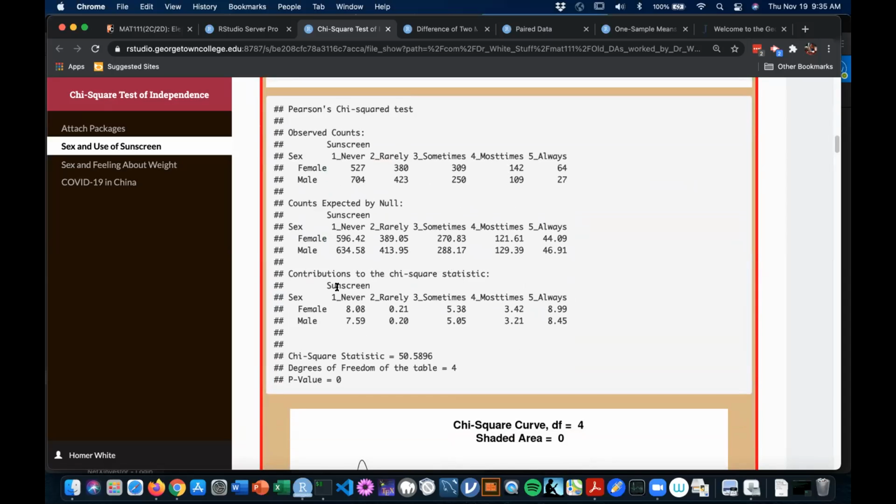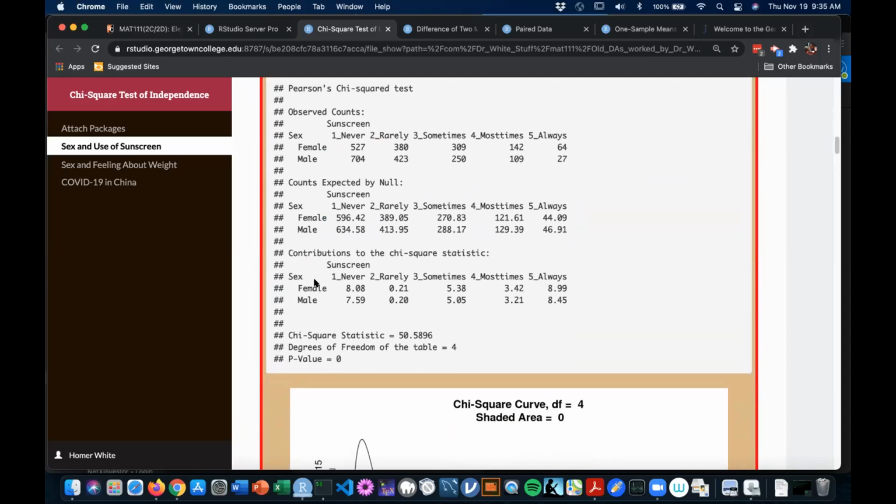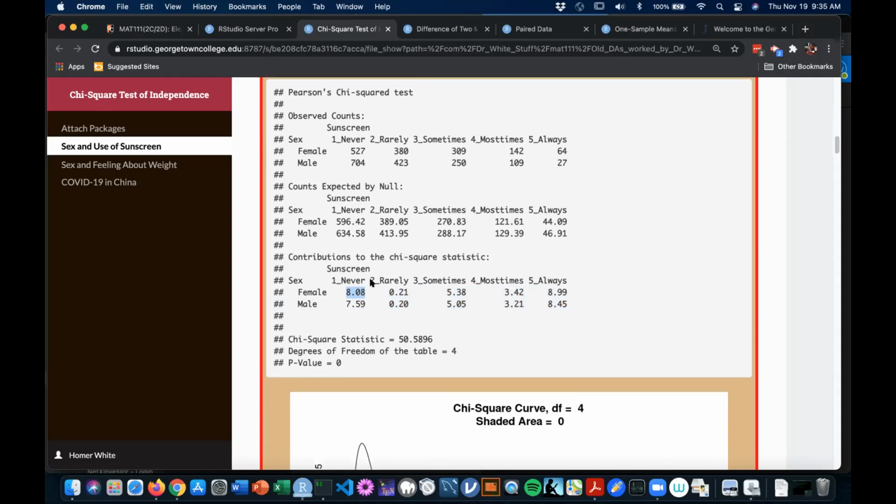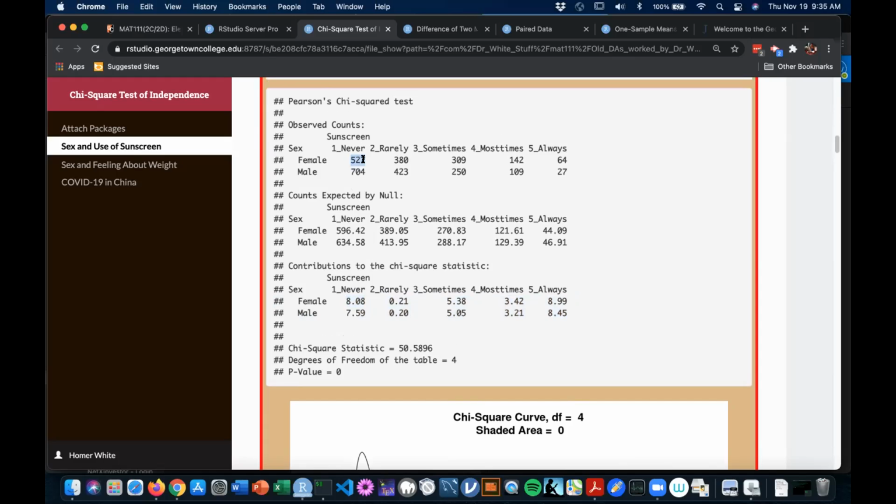And then here, each of these numbers is the fraction of the chi-square statistic that comes from each count. And so like this 8.08 is the difference between the 527 and the 596 squared and then divided by the 596, and it came out to 8.